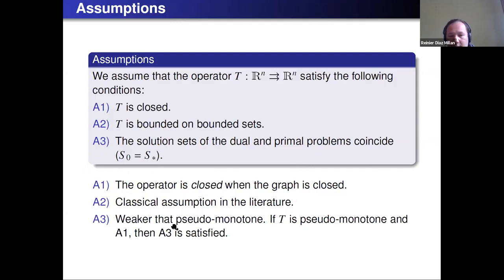Then pseudo-monotone operators and closedness of the graph will imply that A3 is satisfied, and we don't have too much problem with this assumption. Of course, as I said before, there exist some operators for which these solution sets are not the same, even when most of them are not empty. Okay, good.